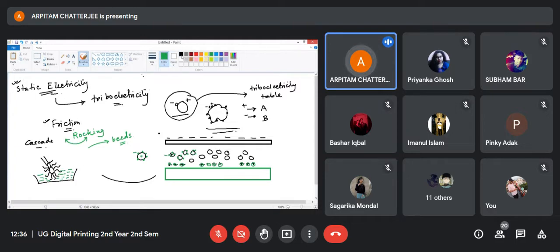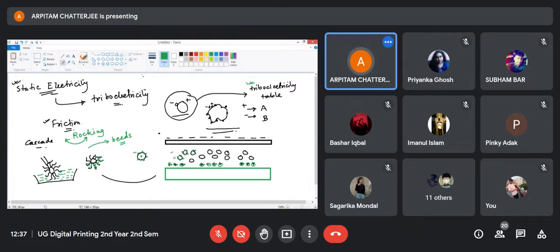So basically after this process, you get a brush like this, and with this you have the toners attached to them because of the triboelectricity. Because the fur material which is used has a higher position in the triboelectricity table. So then what is going to happen?